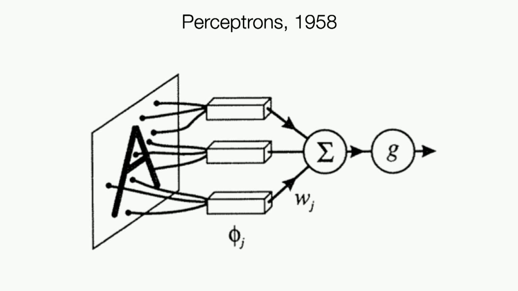OK, so the perceptron looked like this. I'll go into the mathematical detail of how it worked a little bit later. But basically, it was a simple network of these models of neurons. And the way they work is they look at some input, like a digit or a letter A, and they take a weighted sum of what they're seeing. So every little sensor here, these are the inputs to the neurons.